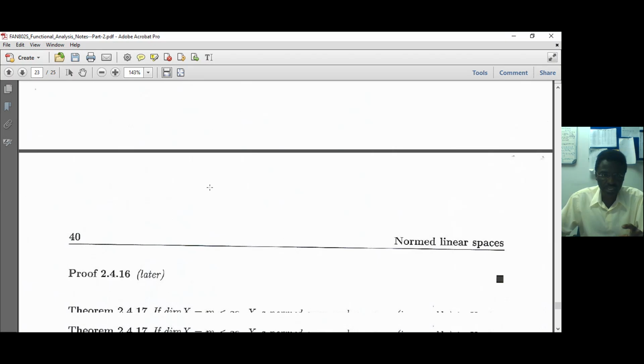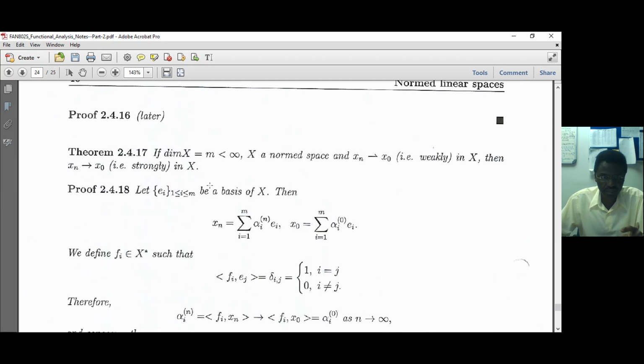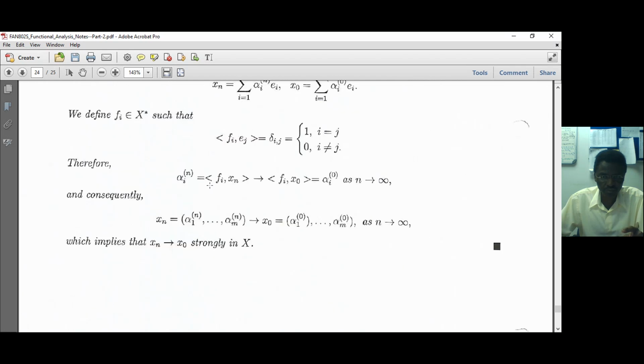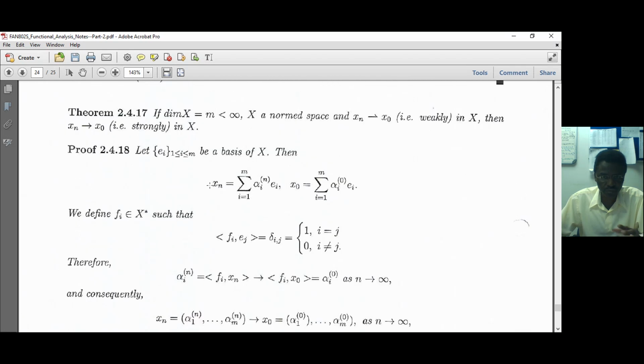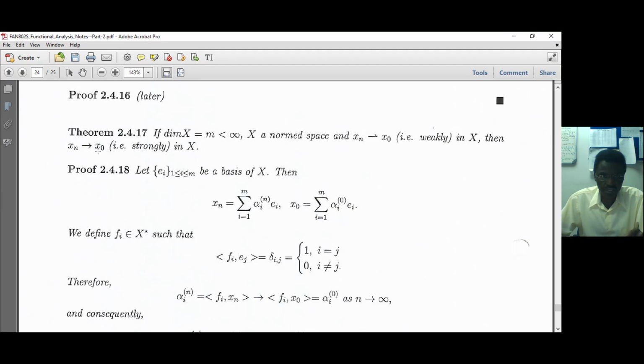Okay, so that is it for that corollary. And we have another one and the proof. I will not go through the proof. You can read it yourself. So the last theorem is this one. In a finite dimensional space, remember that we have been dealing with infinite dimensional spaces.